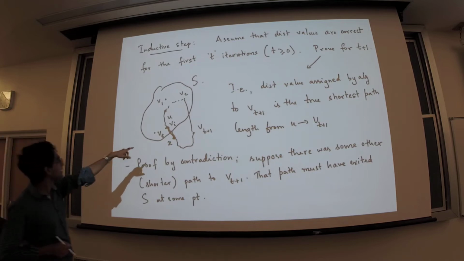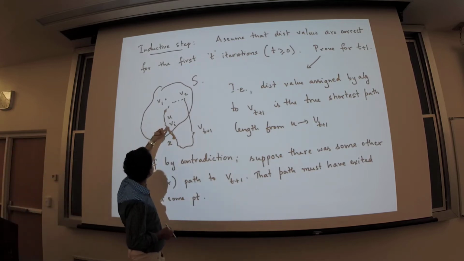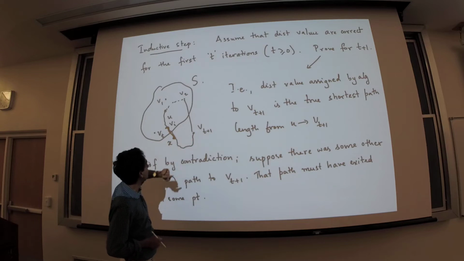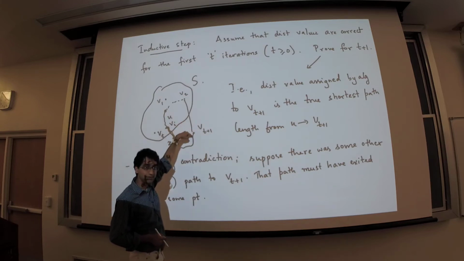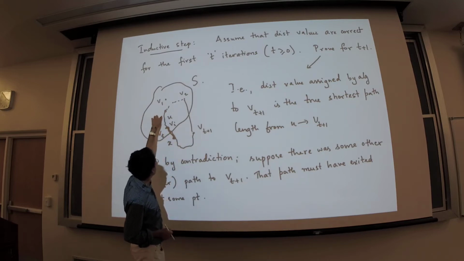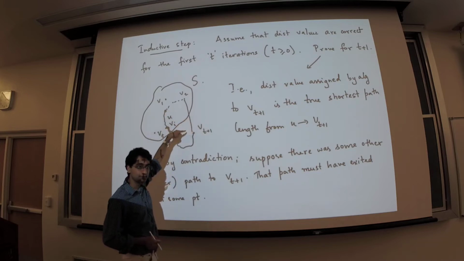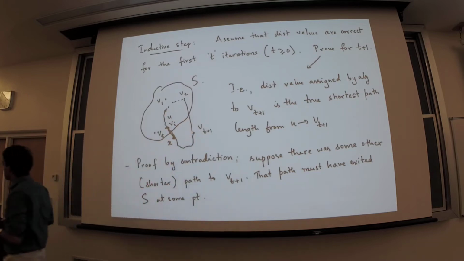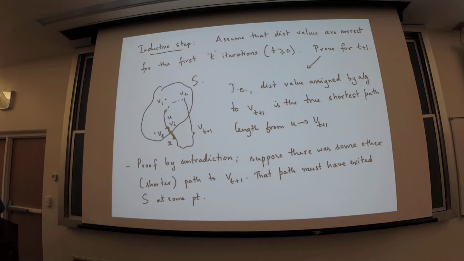And by assumption, this whole thing was less than or equal to whatever path I found. And so that also means that the path from u until this point should have been shorter than whatever path I found here. So some shorter path to Vt plus 1 must have exited S at some point.